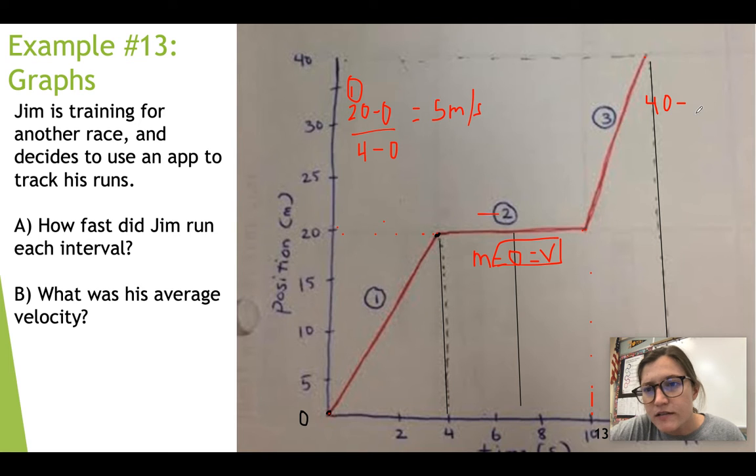The object starts at a position of 20 meters, so y1 is 20. My video is unfortunately blocking the graph, but the initial time that it reaches a position of 20 is 10 seconds, and the entire path of motion takes 17 seconds. So we're going to take 17 minus 10.